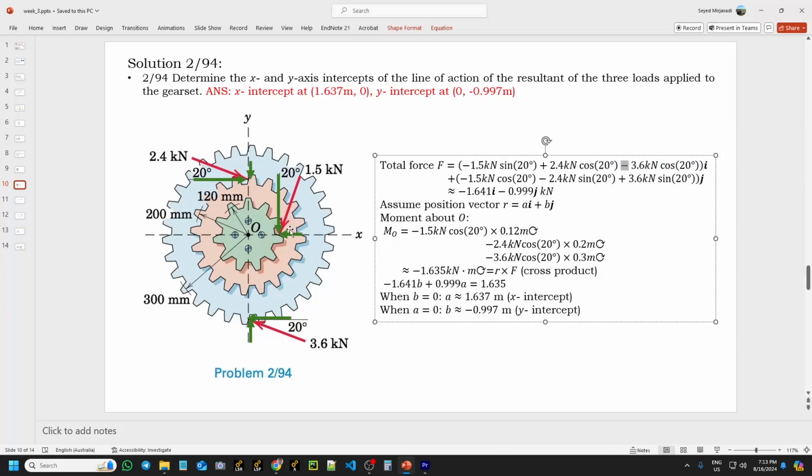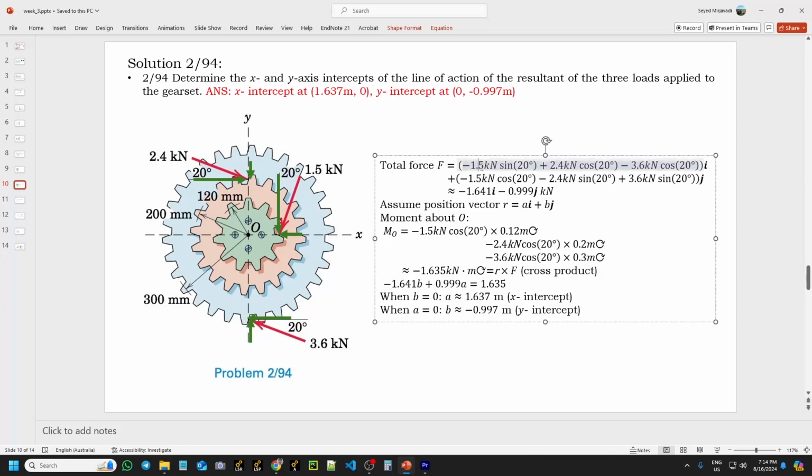Now for the y components, negative, because it is negative, 1.5 cos 20. For this one, 2.4 sine 20 and negative again, and the last one, 3.6 kilo sine 20, and it's positive.